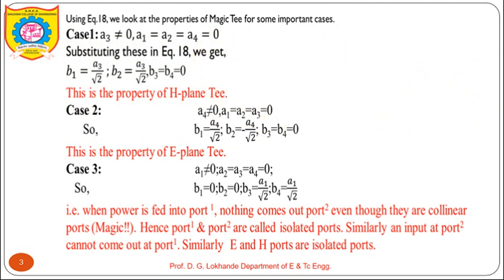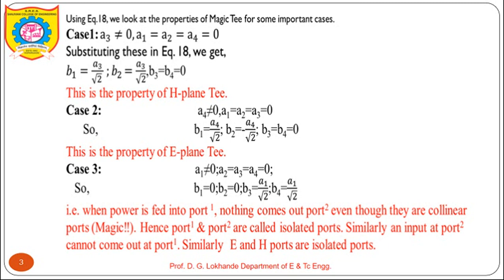This shows that if we apply power to port 3 as input power, we get power at port 1 and port 2 equal in magnitude and with the same phase. This is the property of an H-plane T.